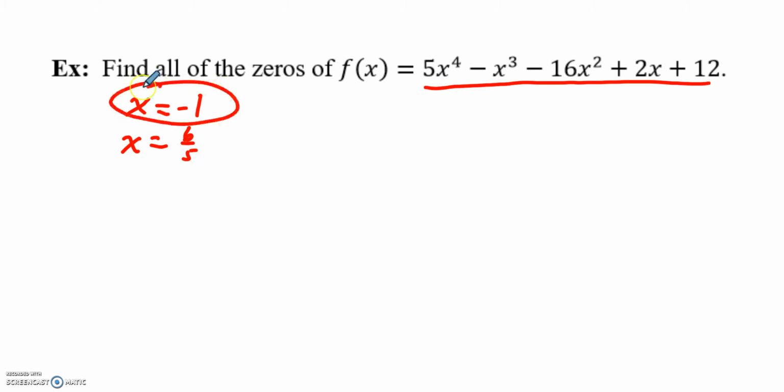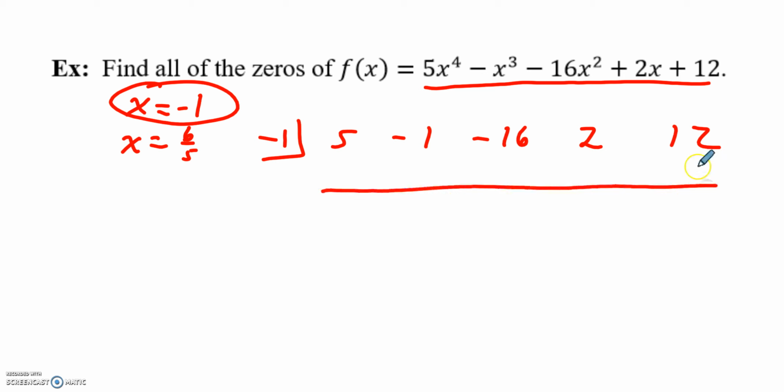Let's say I start with -1 because it's a little easier to work with. If I use synthetic division and I write -1 and then the lead coefficients of 5, -1, -16, 2, and 12. Remember that synthetic division reduces your degree by 1.